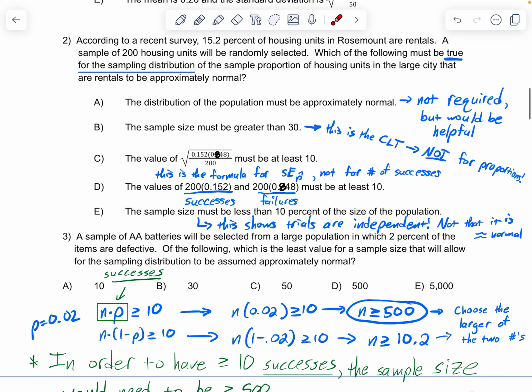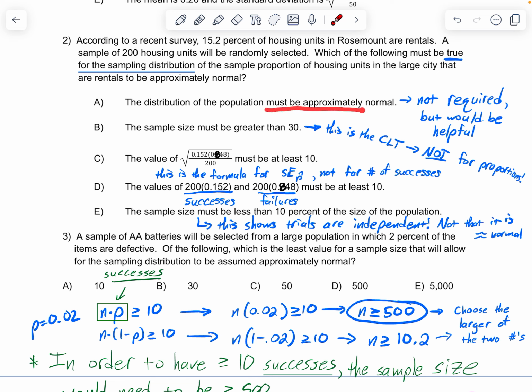This question is tricky because the wrong answers sound appealing. They sound like things we talk about. Does the distribution have to be normal for any sample from it to be normal? That is not required, but it would be helpful.